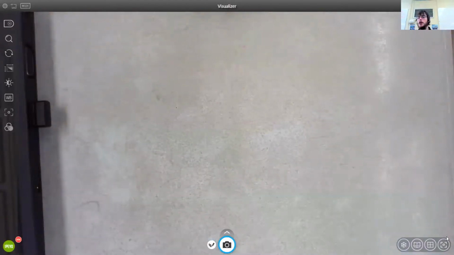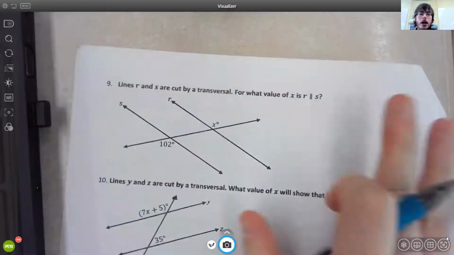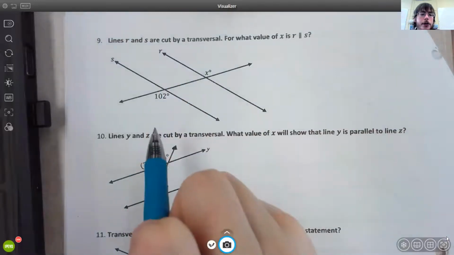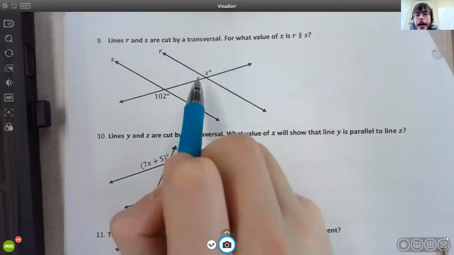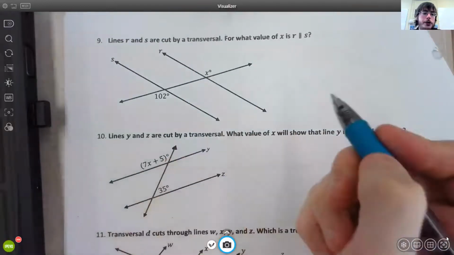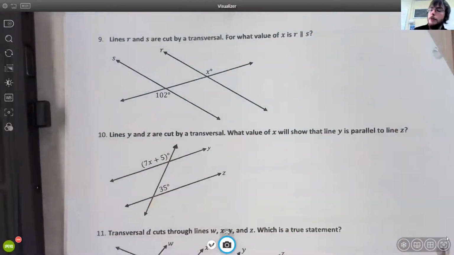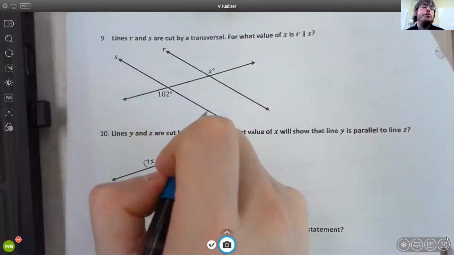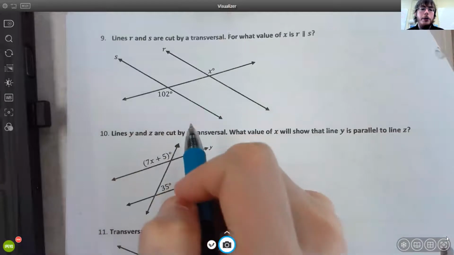Let's look at the next page here, the last page of the example problems. Number 9, lines R and S are cut by a transversal. For what value of X is R parallel to S? The first thing you need to do, pretty much in all of these problems, is tell what type of angles they are, whether they should be congruent or supplementary, then go from there.